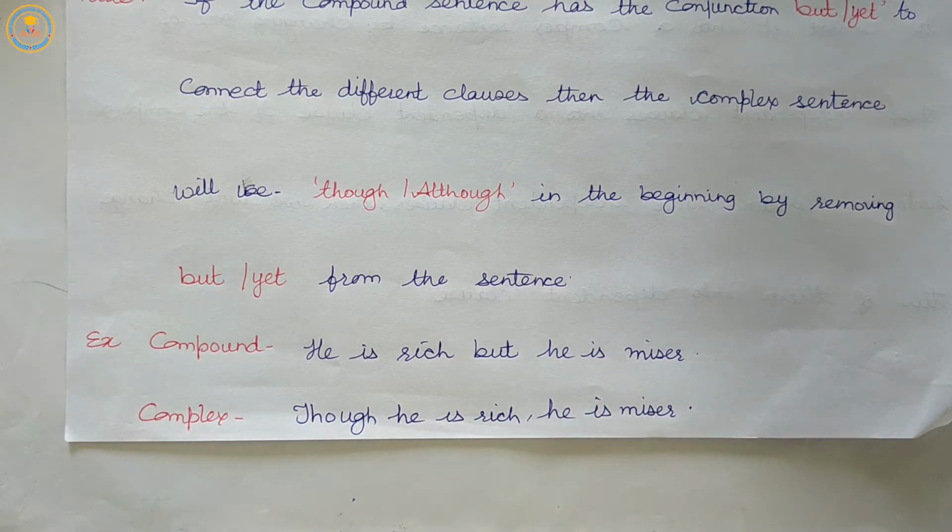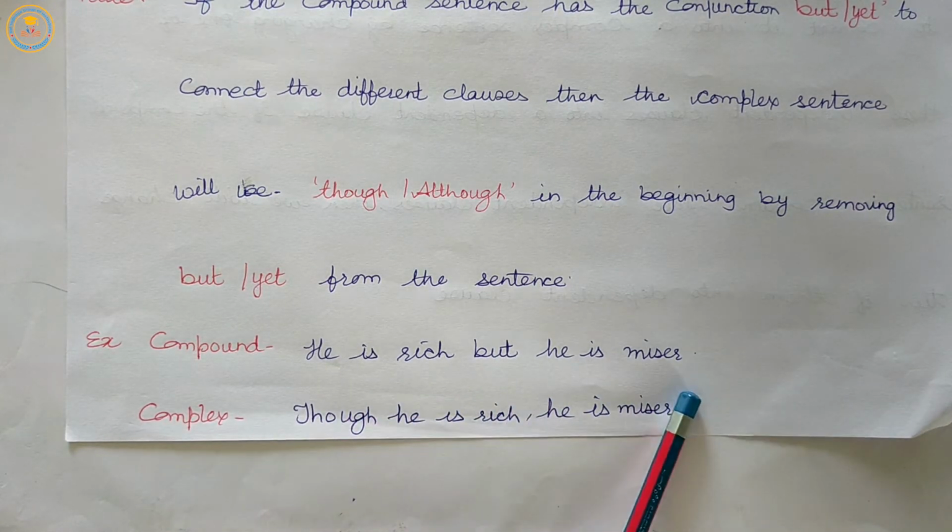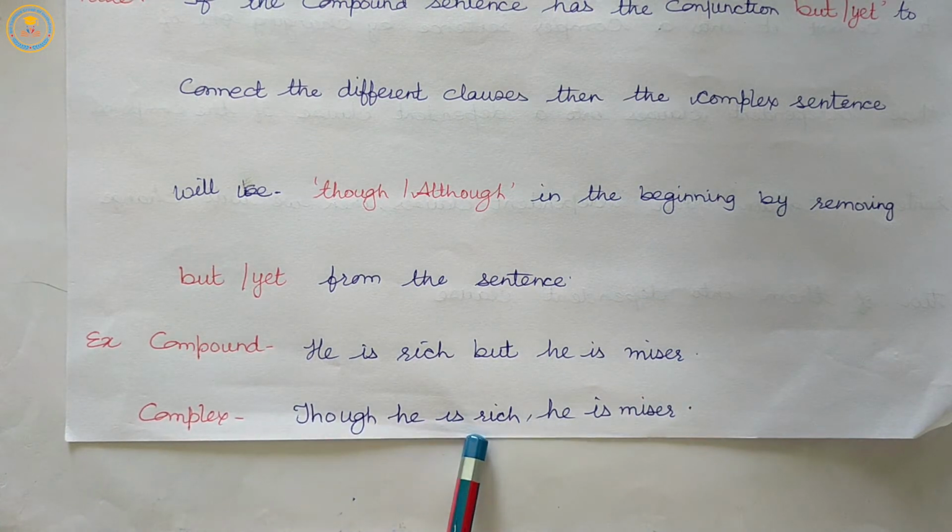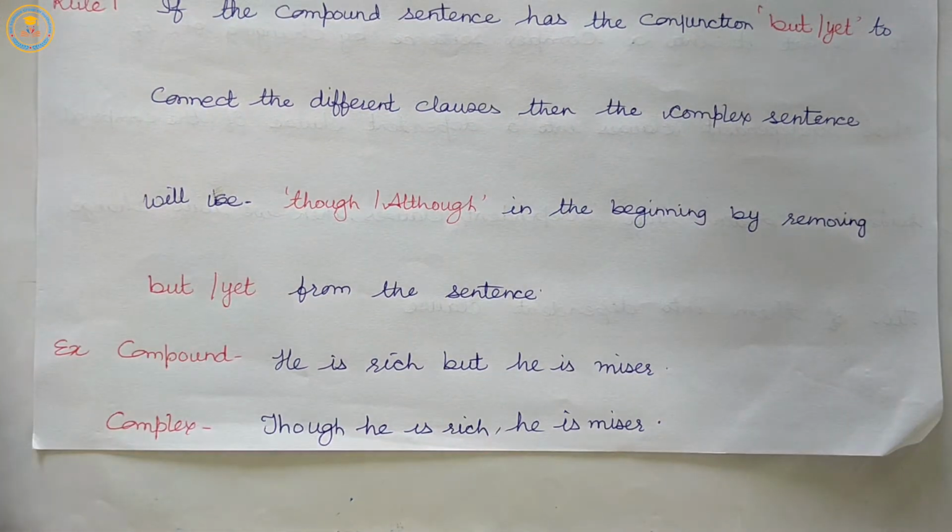So, our first rule tells us about the use of though or although in the complex sentence while transforming a compound sentence that has but or yet connecting two different clauses. We use though or although in the beginning and remove but or yet. Here the example: he is rich but he is miser. Though he is rich, he is miser.